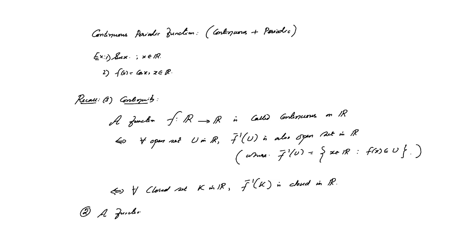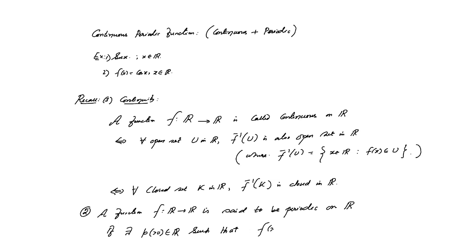A function f from R to R is said to be periodic on R if there exists a number p greater than 0, belonging to R, such that f(x plus p) equals f(x) for all x belonging to R. And here this p is called a period of f.